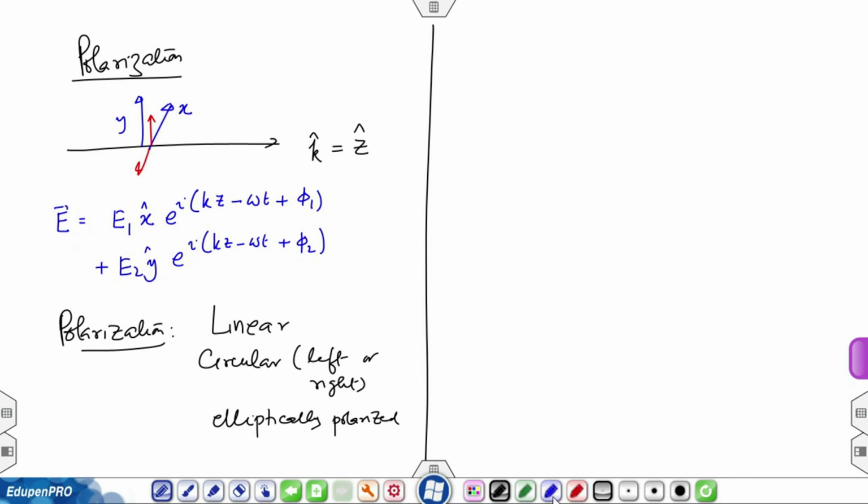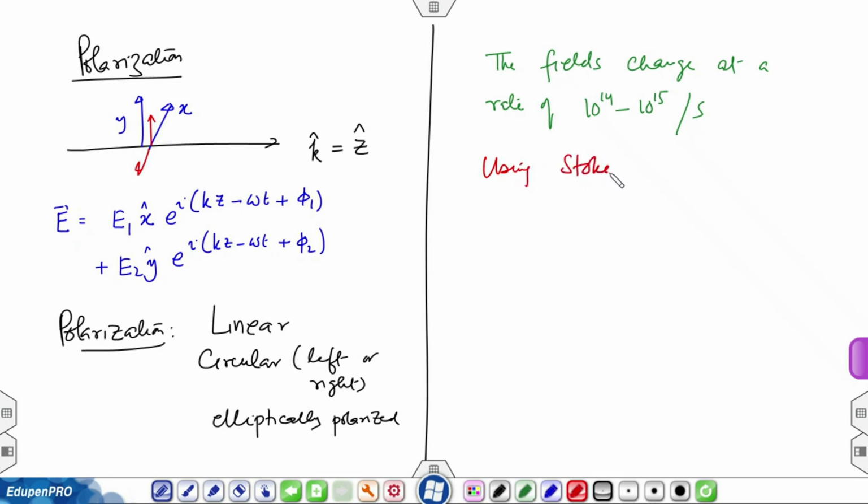Now, as I remarked earlier, the field changes at a rate of 10 raised to 14 to 10 raised to 15 per second. So, if I look at this field, I cannot really make out what the polarization is. You need to have some other techniques, and this is done by using Stokes parameters.